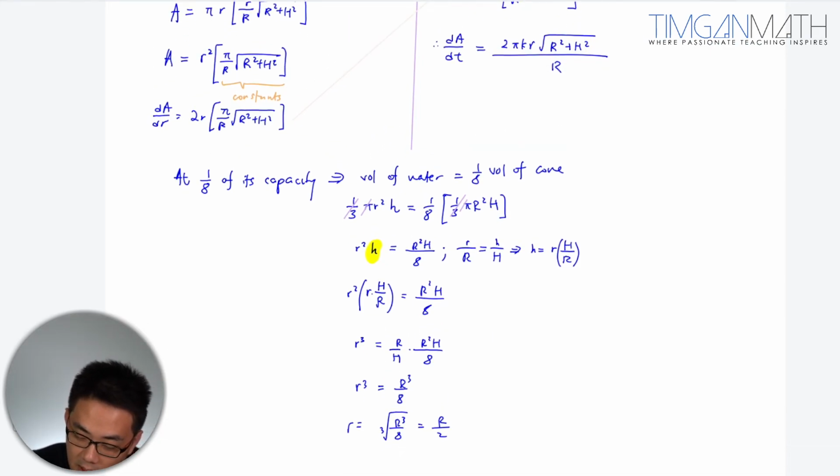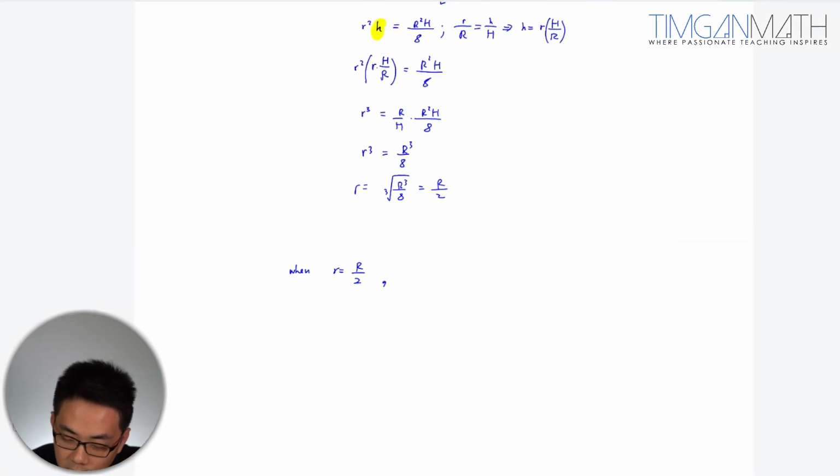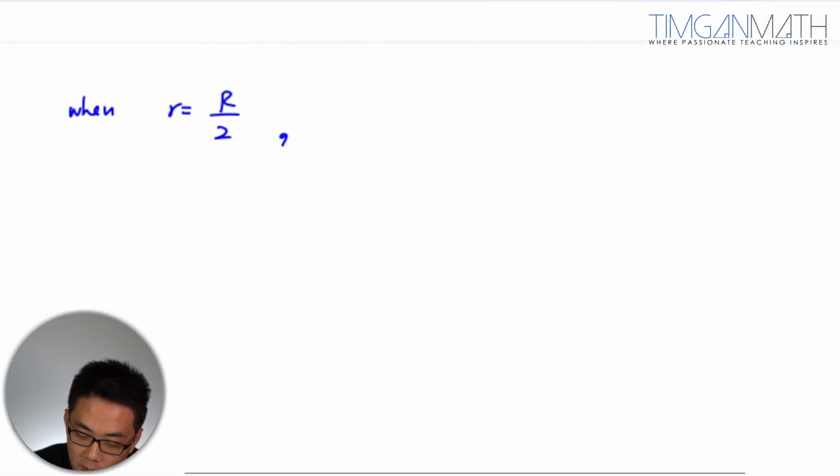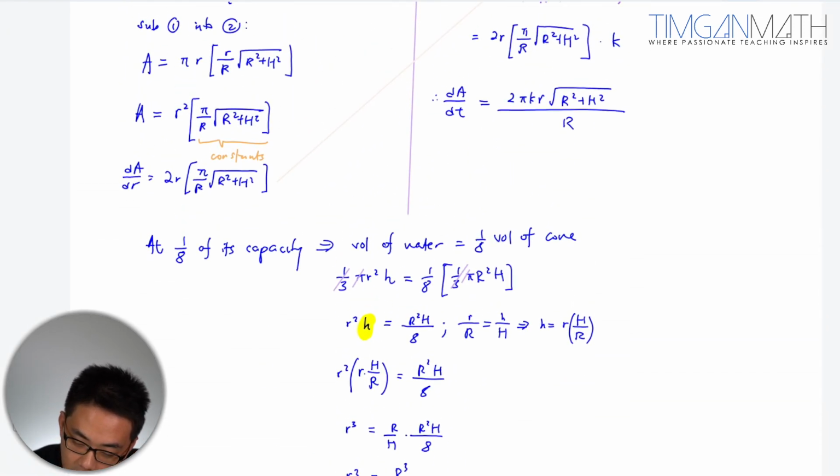So in that case there, when r equals R over 2, we want to find out what is dA/dt. So I'm just going to copy that dA/dt at the boundary condition where r equals R over 2. That will be given by 2 pi kr.